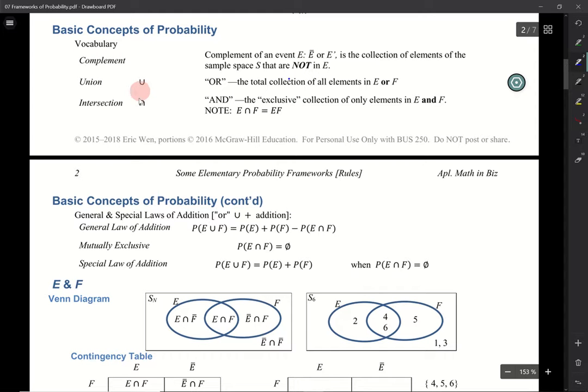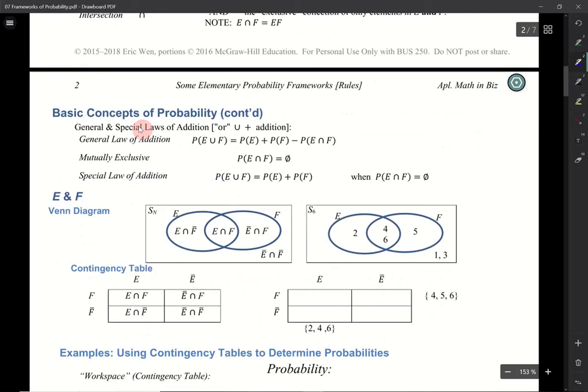And then we started to look at ways to combine probabilities, right? If we union, or do an or kind of operation, and then we have an intersection. Okay, so let's take a look.